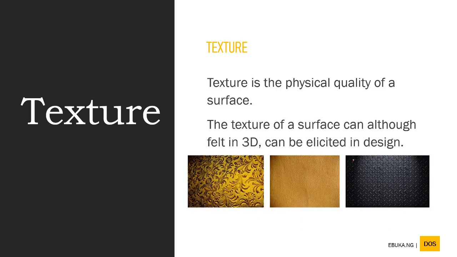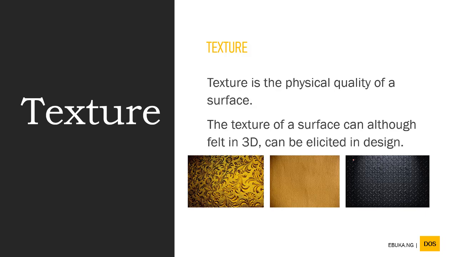Good. Now, texture of a surface, although it can be felt in 3D, it can also be elicited in design. So, like I said, texture is the physical quality. That means when you touch it, how does it feel, right? If you touch a stone or sand, how do they feel compared to when you touch a smooth table, right? So that is texture.